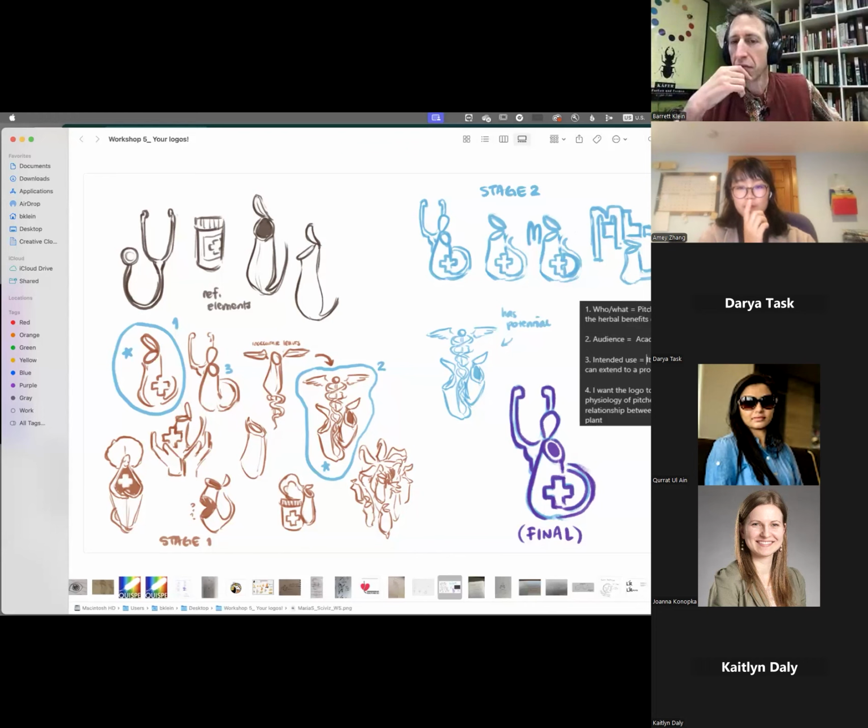I love the designs you're playing with here. One thing I'd ask about this final logo is less about clarity, because I think you're communicating the information extremely clearly. I could be clearer with the pitcher plant, but the idea of a pitcher plant combined with a stethoscope and this medical symbol is super, super clear.